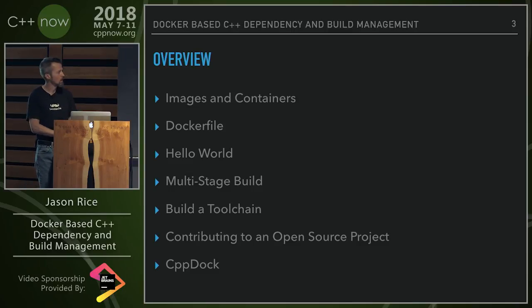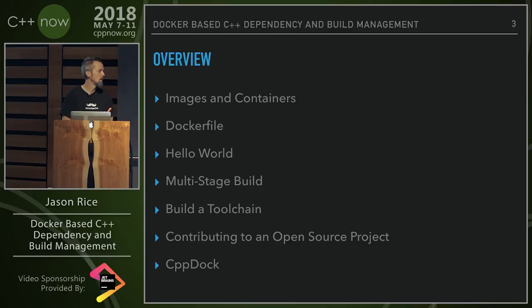And then we'll take a look at a very simple hello world example. And then we'll take a look at the multi-stage build process, which is a relatively new feature in Docker. And we'll take a look at building a tool chain or a compiler, specifically Clang and LLVM.